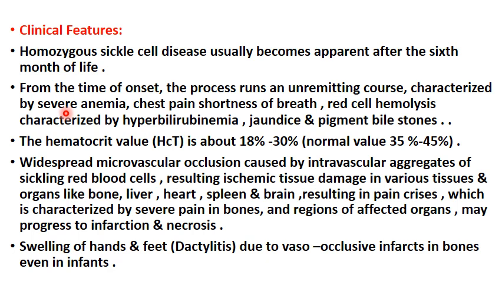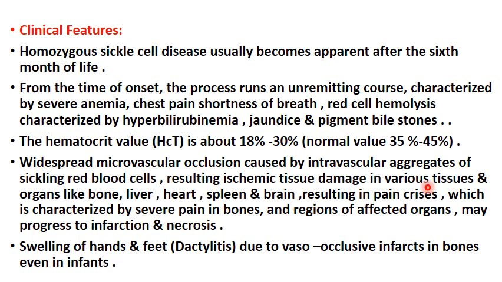Severe anemia, chest pain, shortness of breath because of the sickling, red blood cell hemolysis, hyperbilirubinemia, jaundice, bile pigment stones, hematocrit PCV 18 to 30%. Normally it is between 35% to 45%. So this is anemia. The patient has anemia with widespread microvascular occlusion because of aggregation of sickled red blood cells in the blood vessels, which leads to ischemic changes in the organs.